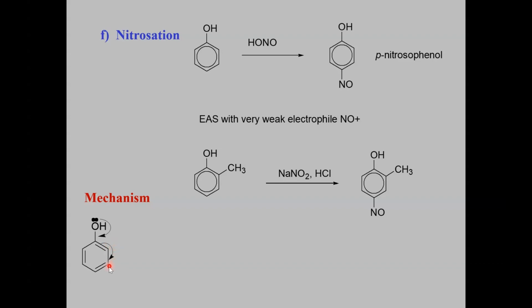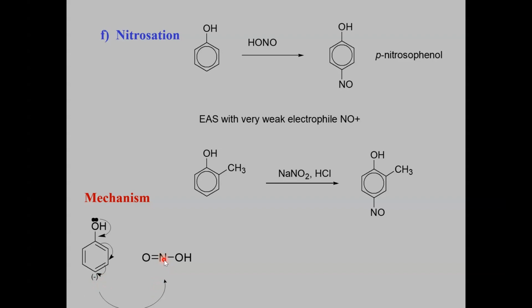Once these electrons move, this becomes more electron rich and it has to maintain its valency. Pi electrons move on to the para position and this will give rise to a carbocation at the para position. Nitrogen is positive as it is attached to an electronegative oxygen.